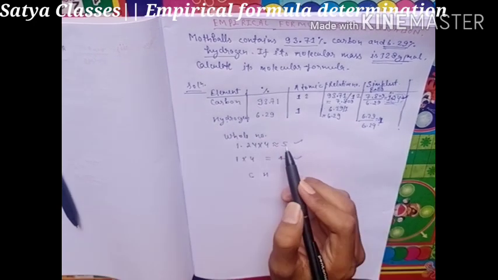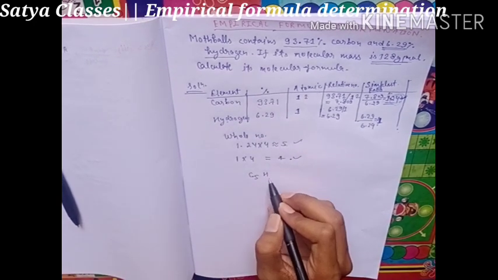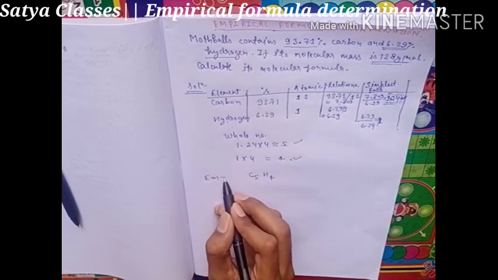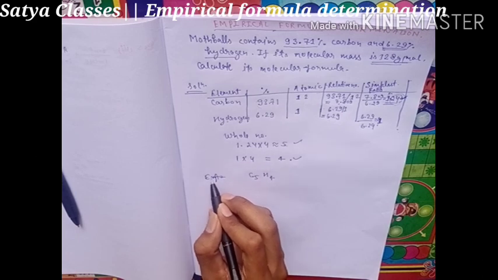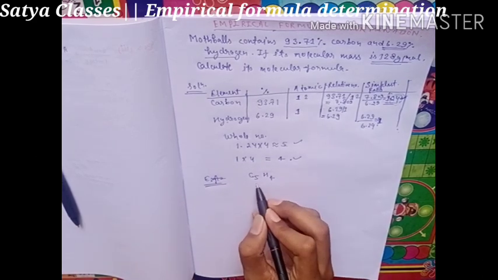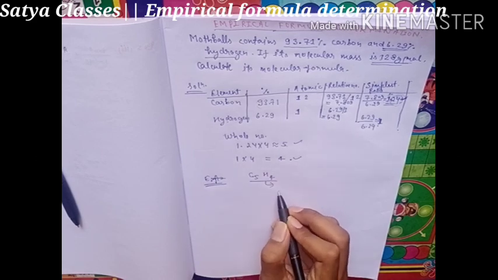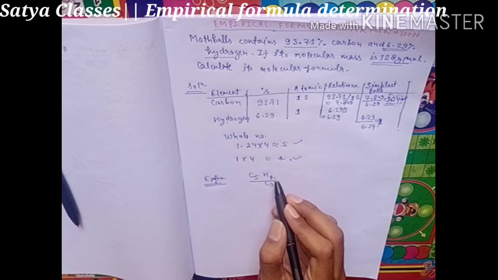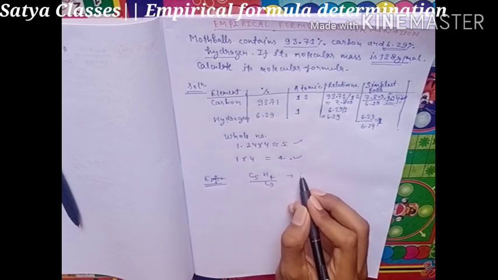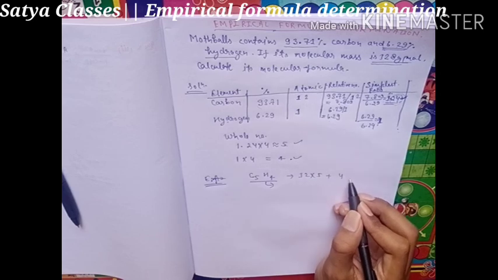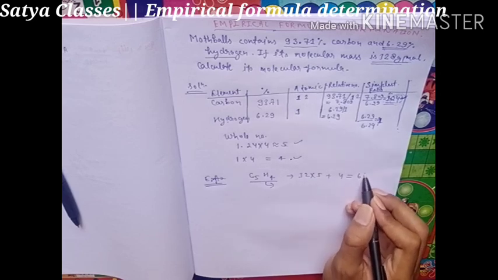Look, carbon is 5 and hydrogen is 4, so the empirical formula is C5H4. The next thing is to find the molecular mass of this empirical formula. So 12 into 5 plus 4, this becomes 64.